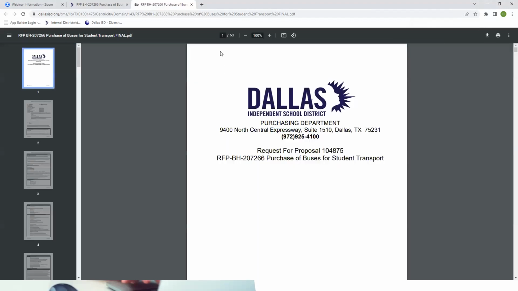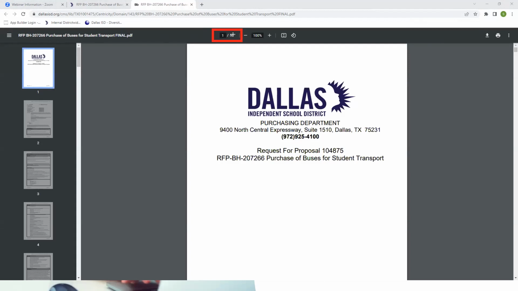If I click on that, you'll see a series of documents in a PDF format. As you can see at the top, this particular RFP package is 53 pages. I want to emphasize that because sometimes these can be 100 pages. We try to minimize the pages as much as possible, but they're not short.